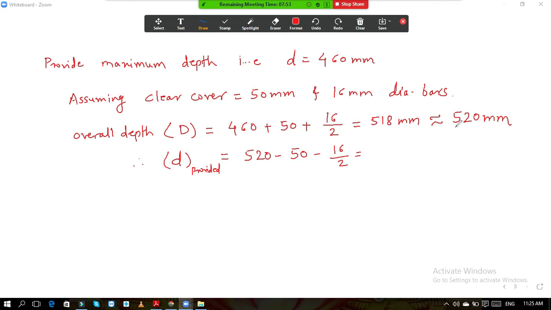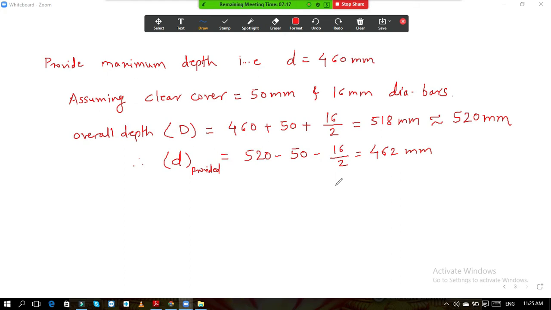So it has increased by 2, so this will also increase by 2. So it is 462 mm. This depth we are going to provide. So we have decided the dimension of our footing. Its overall depth is 520 mm and its effective depth is 462 mm.